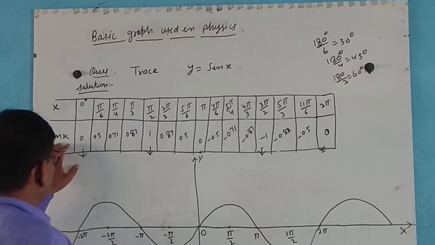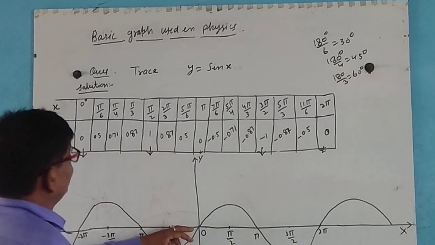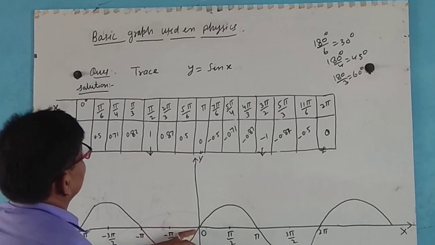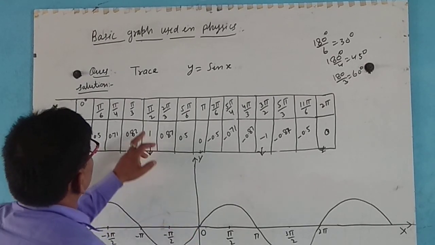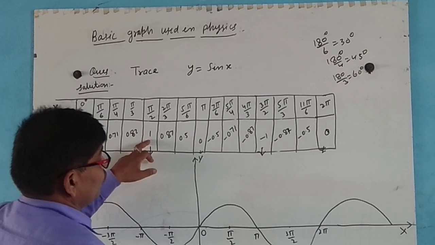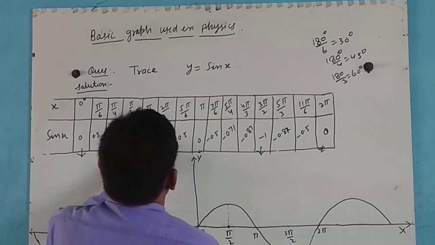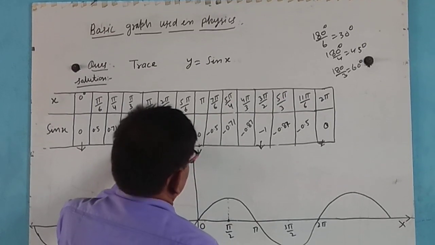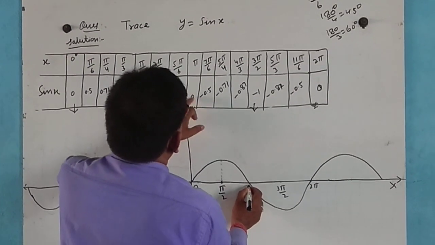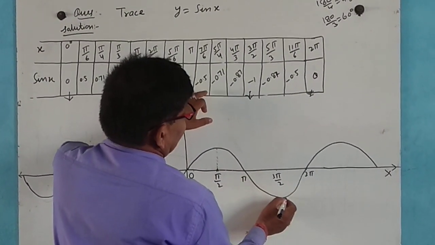We draw the curve of sin x: 0, pi by 2 equal to 1, maximum, and then 0, after that negative.